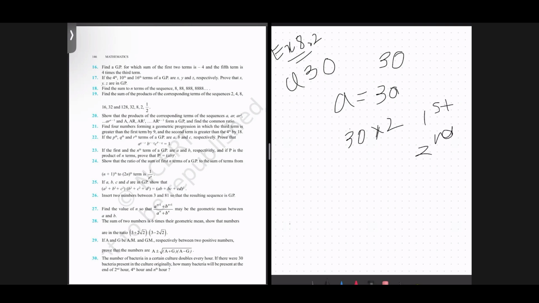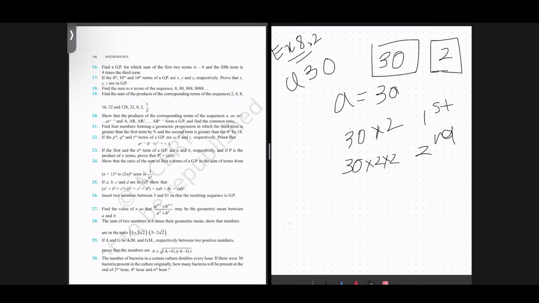At the end of the second hour, they are going to be 30 into 2 into 2, and so on and so forth. When you do this, you are able to see the pattern inside this series. The first term is 30, the common ratio is 2, and the entire sequence forms a geometric progression.